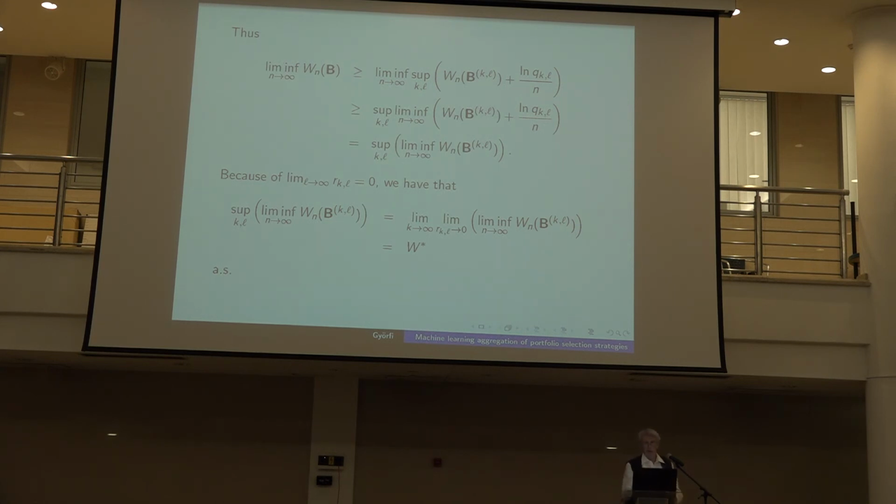So the supremum is essentially a double limit, and it is equal to W star. Simple strategy, simple mathematics, and growth optimality universally. If you have questions on the experiments, then I can continue.